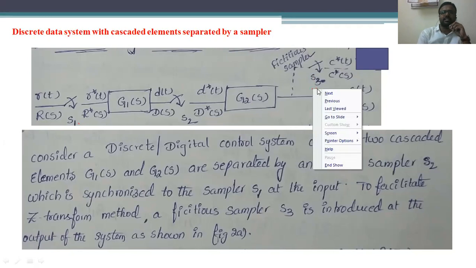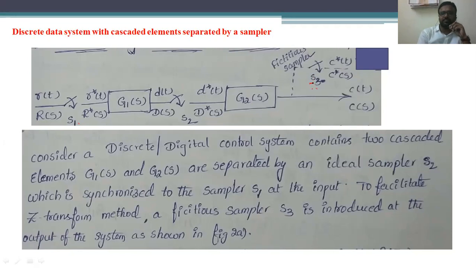That is S3. S1 is a sampler which is used for synchronizing the input. S2 is the sampler which is used to separate the two cascaded systems, and S3 is the sampler which is used to facilitate the Z transform method.